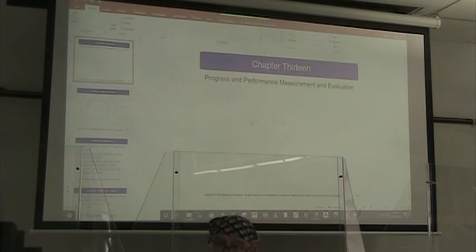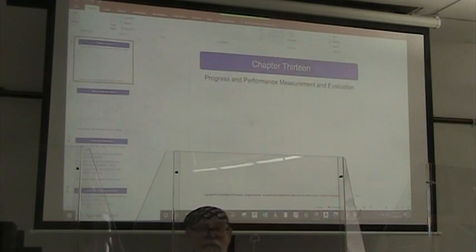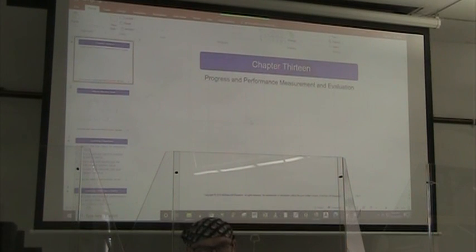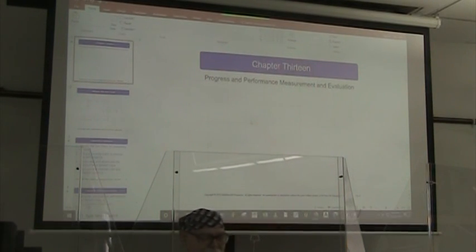Remind me what 14 and 15 are. 14 is project closure. Okay, we're going to do that. And 15 is international projects. We'll probably do that one. We will skip 16, most likely, which is Agile Project Management. You already had figured on that? You know my reputation for not being very agile.